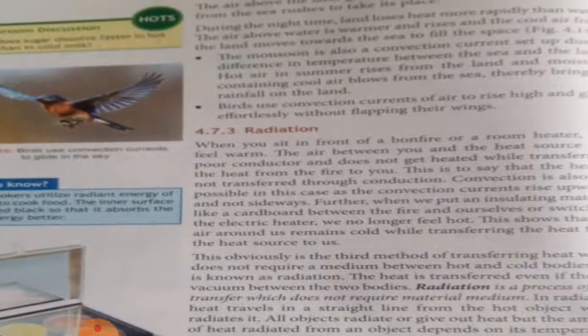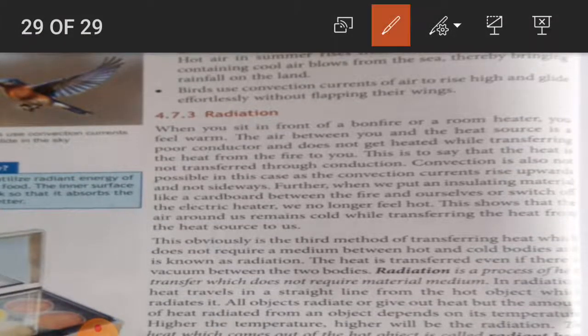Birds use convection currents. Birds use convection currents of air to rise high and glide effortlessly without flapping their wings. Okay, here you have to underline some words. Glide means sliding.